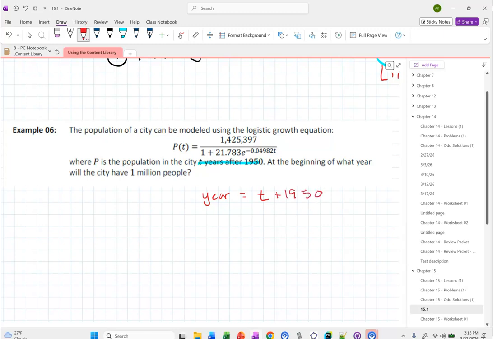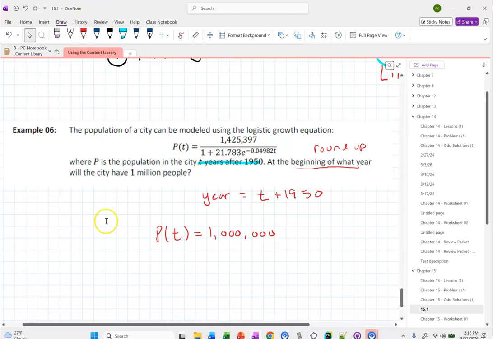At the beginning of what year, notice we have beginning there, so this tells us round up no matter what, will the city have 1 million people? So basically we just want to solve P of t equal to 1 million once again. Everybody cool?